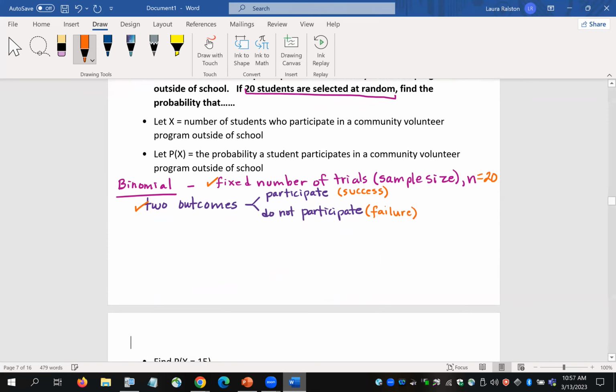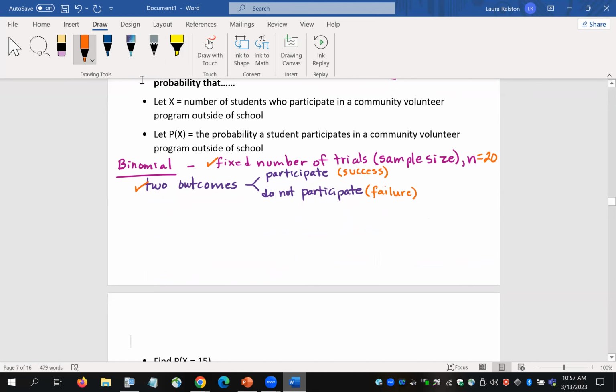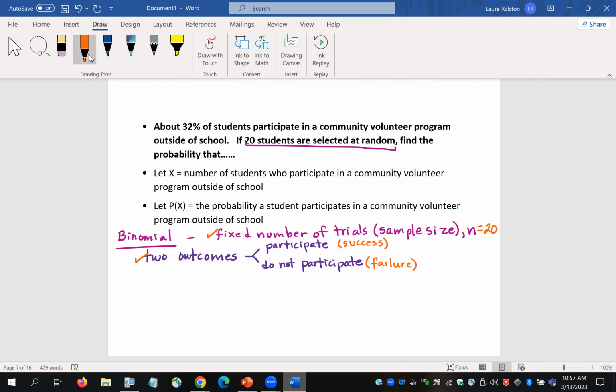It also tells me the probability of the success in this problem. My P, which is my probability of success, says 32% participate. So my P is 32%, which we normally will express as a decimal.